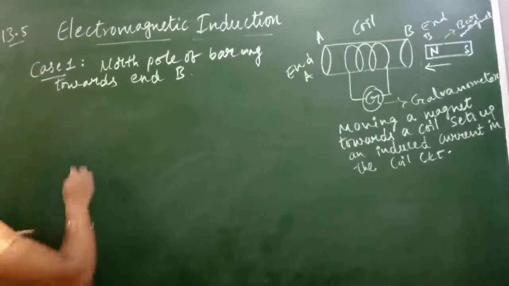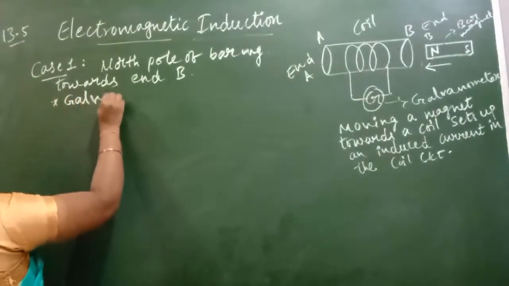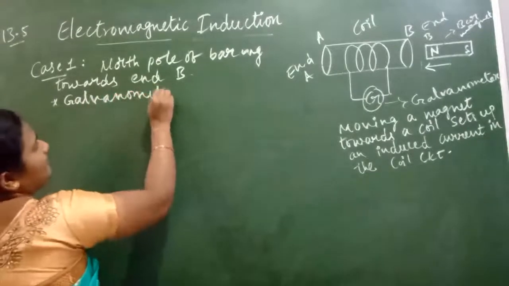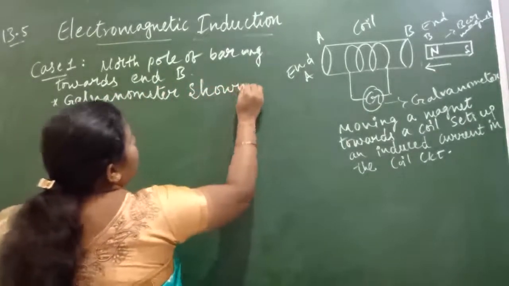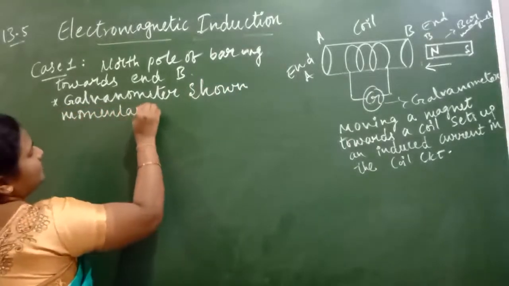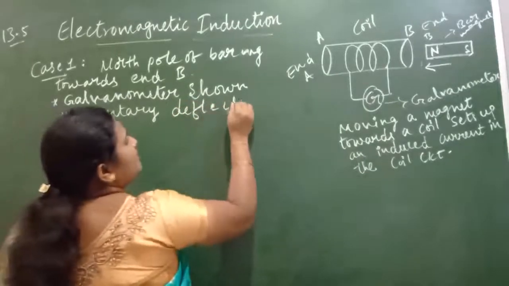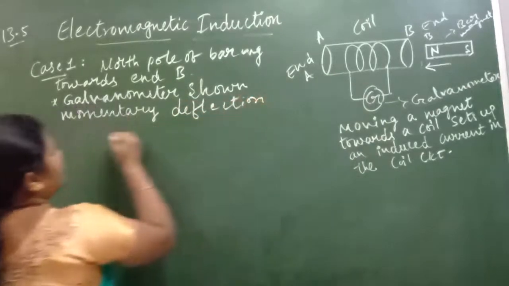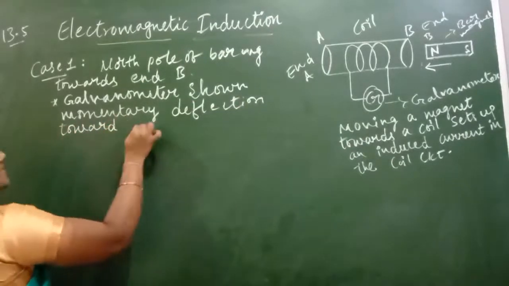So what happened here? The galvanometer showed a momentary deflection towards right, isn't it, children?